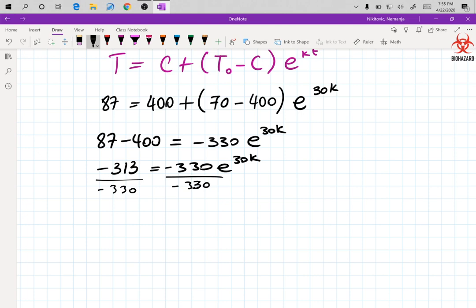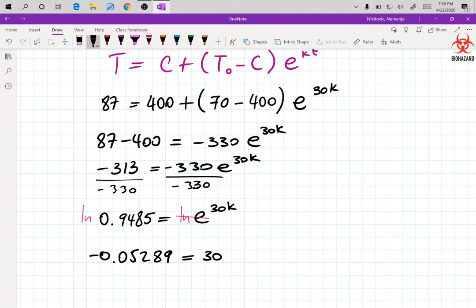And we get positive, right? So 313 divided by 330 is 0.9485, equal to e to the 30k. Hit both sides by ln to kill the e. So now we have ln of the answer, which gives us negative 0.0529 equals 30k.